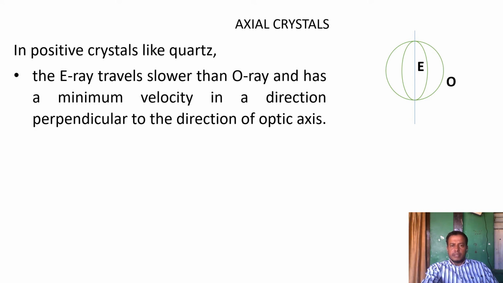So the extraordinary ray has minimum velocity in a direction perpendicular to the optic axis. It has a very minimum velocity.